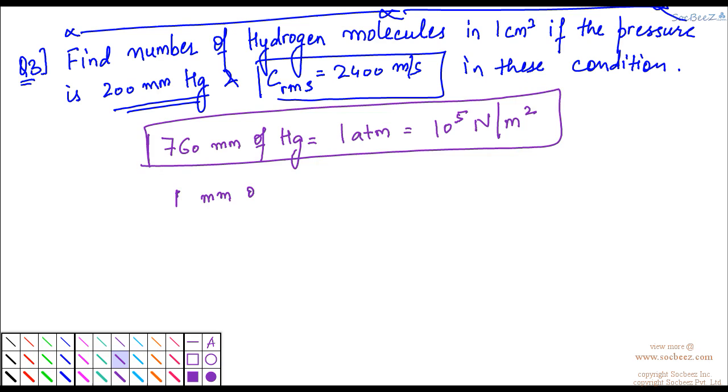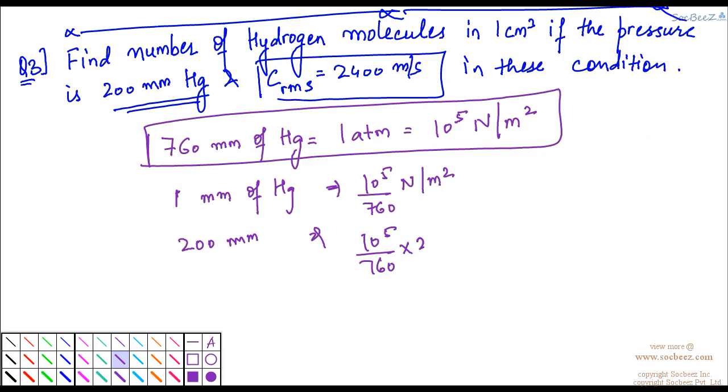So 1 mm of Hg is 10 raised to power 5 upon 760 Newton per meter square. Similarly, 200 mm of Hg is 10 raised to power 5 upon 760 into 200 Newton per meter square. So this is the pressure in SI units.